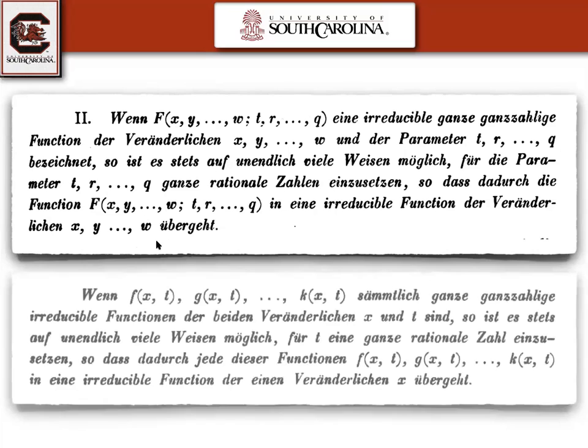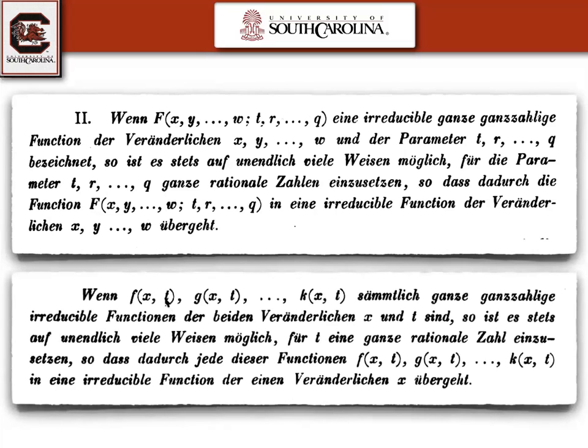He also does a variation where you have a number of polynomials in two variables. And again, each of them irreducible in these two variables over the rationals, that you can find rational choices for t, so that each of these is irreducible over the rationals when you plug in these rational numbers for t.